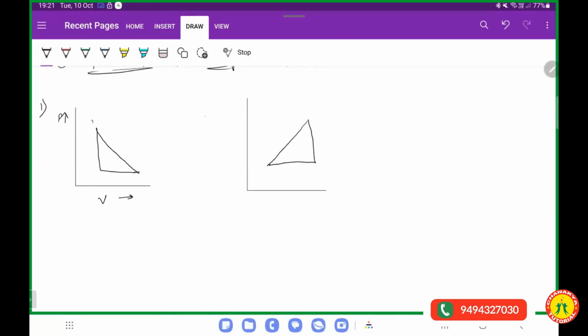So A, this is B, this is C, direction this way. Same way A, B, C, direction this way. So let's name graph 1, graph 2.